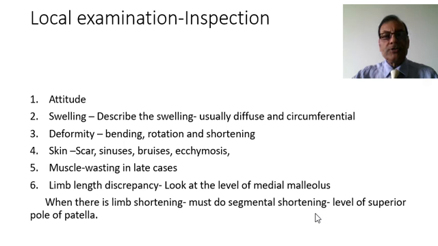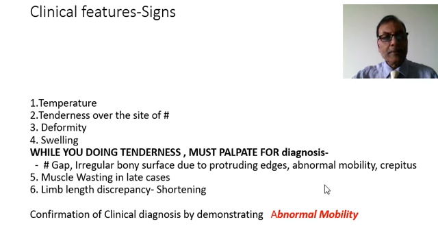And when you see that the superior pole of the patella is also proximally placed, it means shortening is in the femoral segment. Remember, as a student, when you find shortening in the femoral segment, in the measurement you have to draw a Bryant triangle to differentiate it from supratrochanteric shortening.